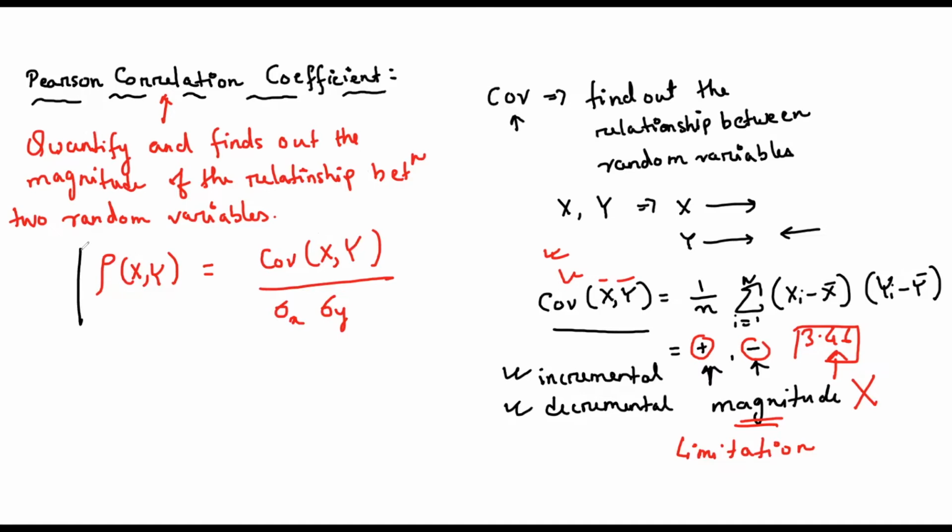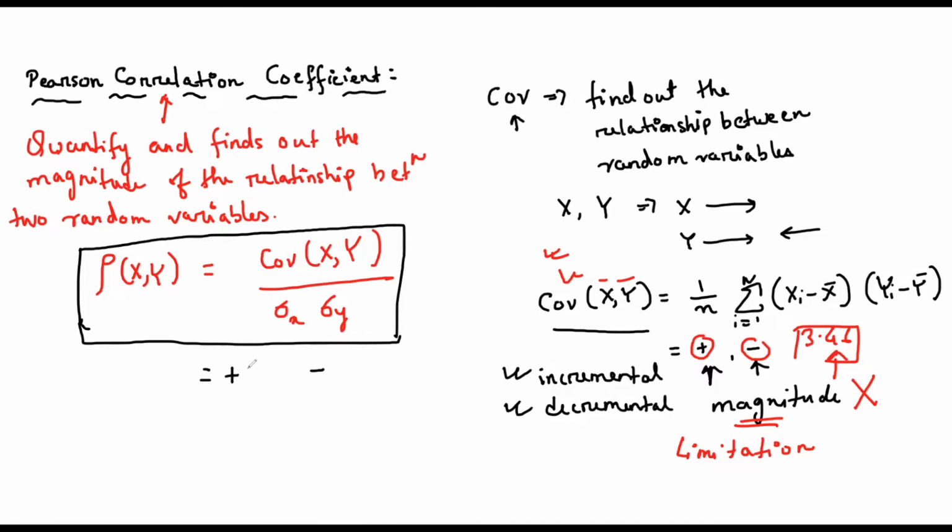When we calculate the value, we will get a positive or a negative number, and the value will always lie between minus 1 and 1.